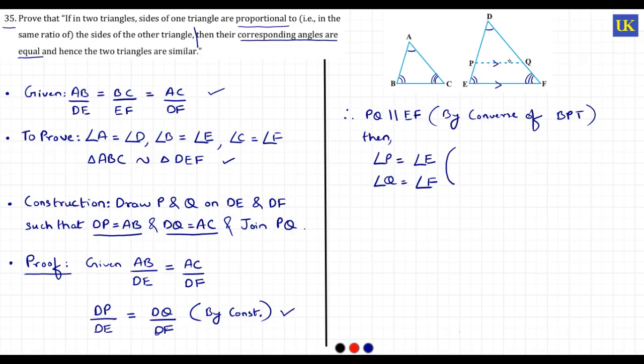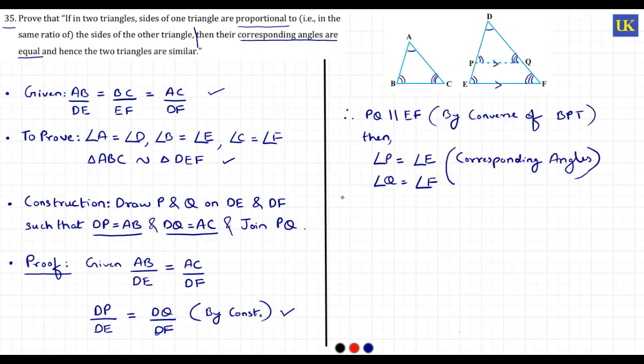So we know that if two lines are parallel and there is a transversal, then this angle will be equal to this angle, and this angle will be equal to this angle. This concept is called corresponding angles. With this concept, we can say that both these angles are equal to each other by the corresponding angles concept.